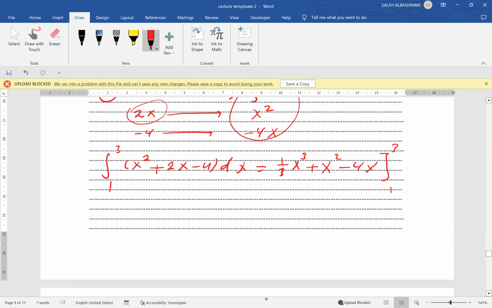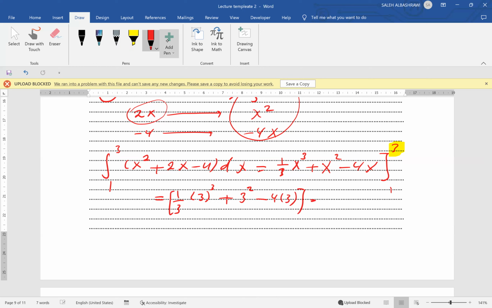This is equal to 1/3 times 3 to the power 3, we are using the upper limit first, plus 3 to the power 2 minus 4 times 3. So this is the F of b.